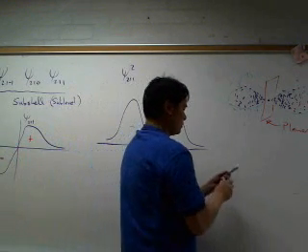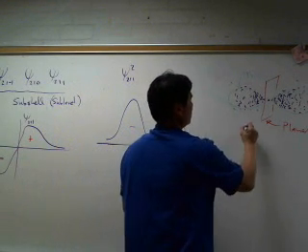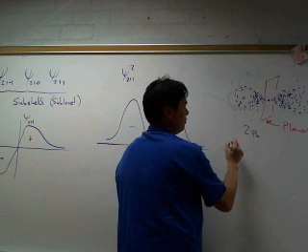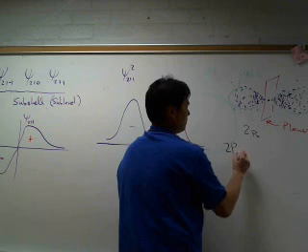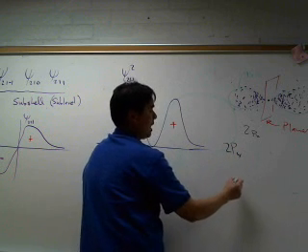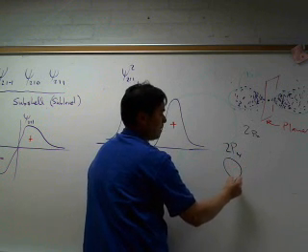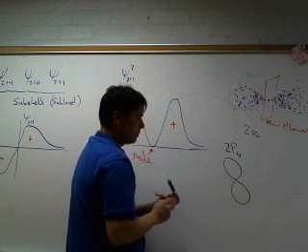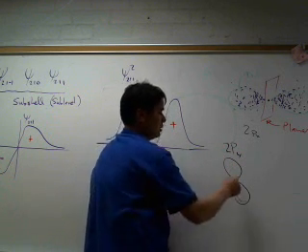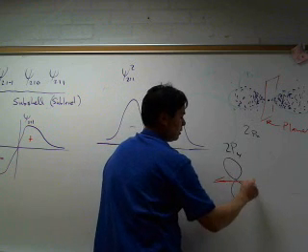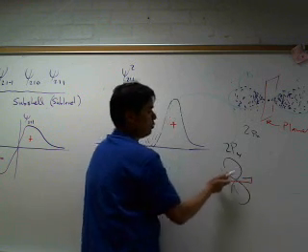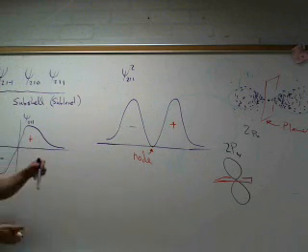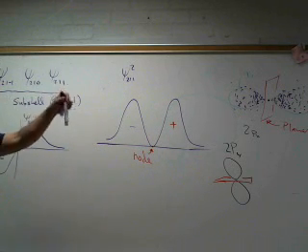If this is the 2px, then we have a 2py, and the 2py would just have a 95% confidence limit along the y-axis like this. It'd have 2 lobes, one above, one below. The 2s orbital also had 2 lobes, an inner sphere and then the outer.